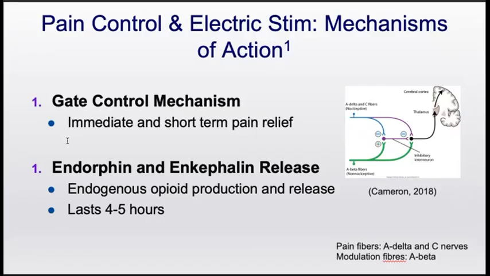And so it promotes the release of these hormones, which are natural painkillers. When these hormones are being released, it will last for about 4 to 5 hours. And all you really need is about a 20 to 30 minute stimulation session. The reason it lasts for 4 to 5 hours is just because of the half-life of endogenous opioids; they'll degrade over that time.